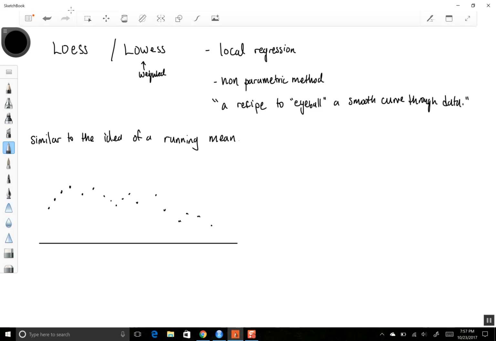For a running mean, you create a window of how many values we're going to average together. Maybe I'm going to average 1, 2, 3, 4, 5. I'll take these 5 values, and this is my first window. I would ask, what is the mean of these 5 values?